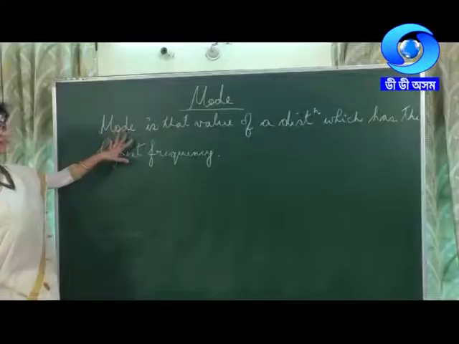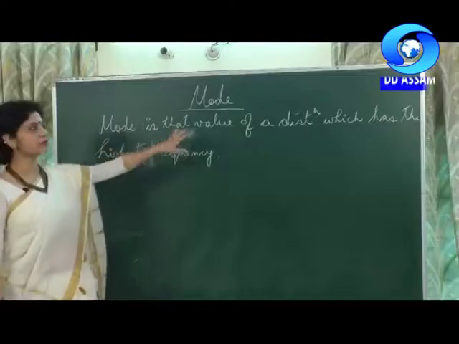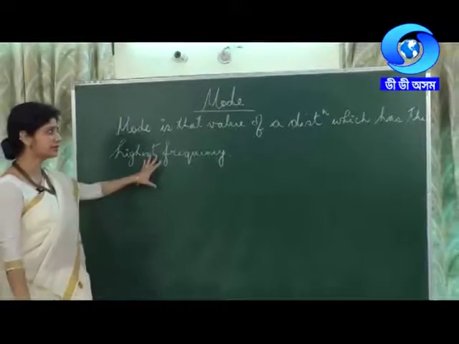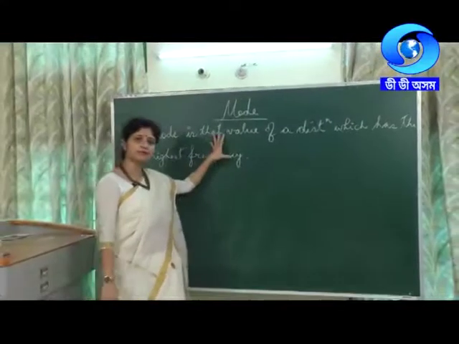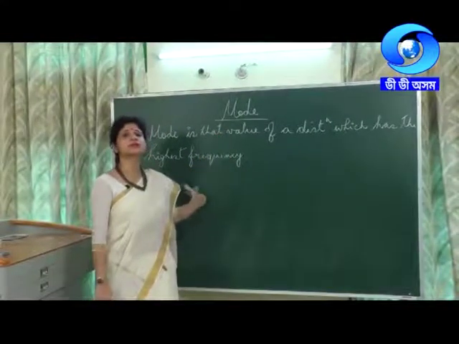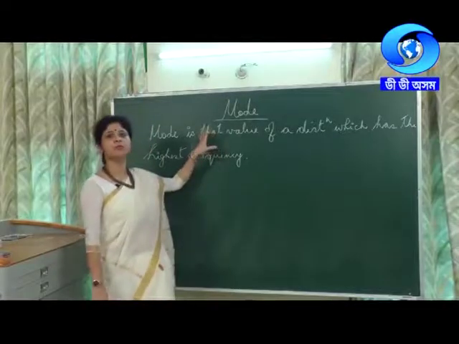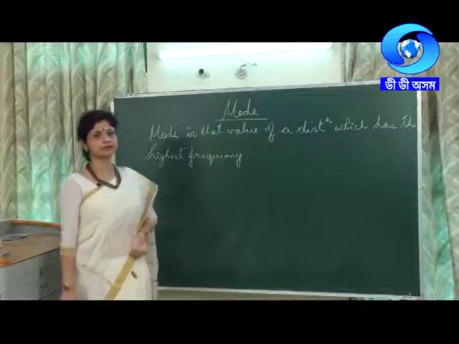All right, so we define mode as that value of a distribution which has the highest frequency, that is, that particular value of a distribution which occurs the maximum number of times is known as mode of that particular distribution.